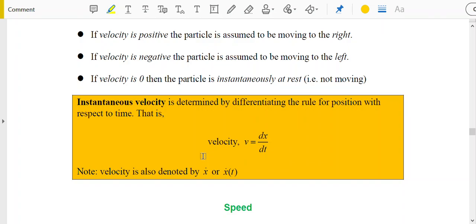The dot just means the first derivative. Or I could use the notation x of t with a dot on the top, meaning it's the first derivative of position. So there are some alternate notations there, but the one we generally use in math methods is just v equals dx/dt. Okay, so that's generally the one that we would use.